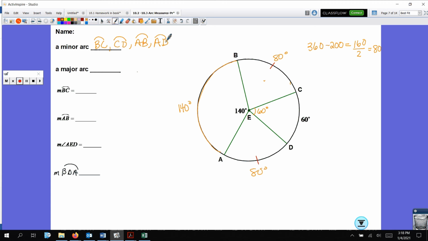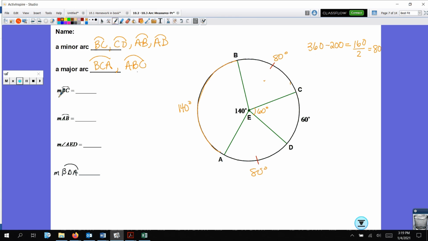So the major arc BCA, right? If we go BCA, that's pretty major. And then we can do the major arc ABC. That's another one. You only need one, really, right? So if it's ABC, that means we go A to B to C. Okay.